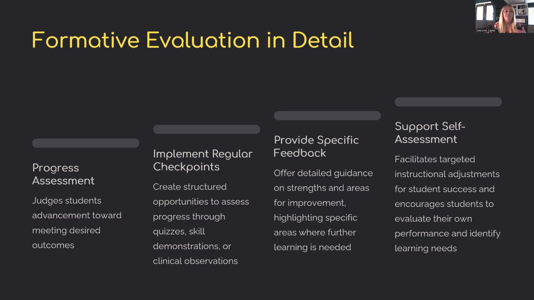So it's an ongoing assessment approach and allows for course correction during the learning process, helps them refine their understanding before the summative evaluation, and gives them opportunities to improve before the summative. So we can check in progress assessment, implement regular checkpoints, provide feedback, and self assessment. It's just a process throughout.